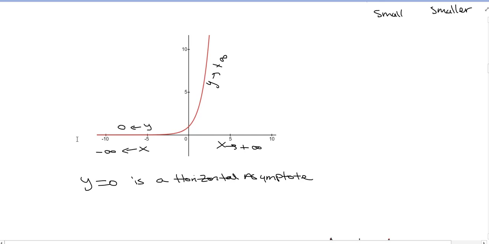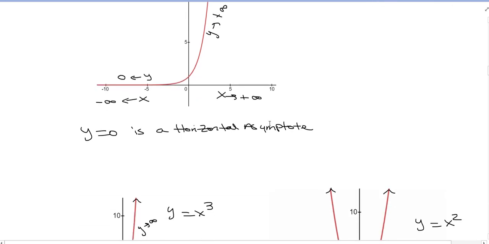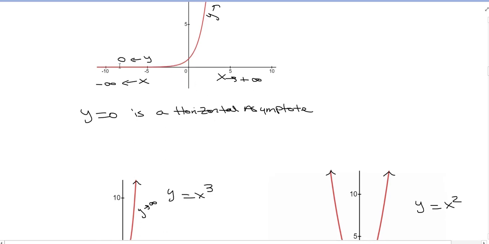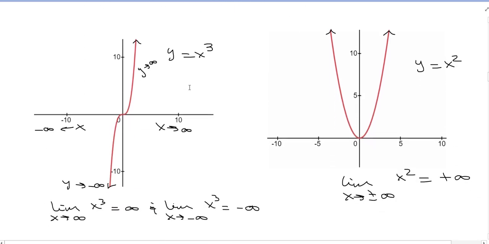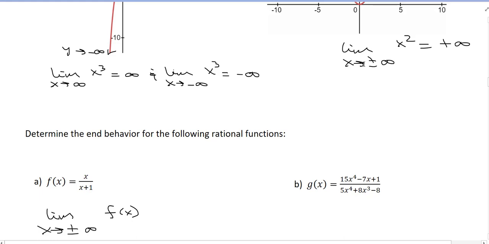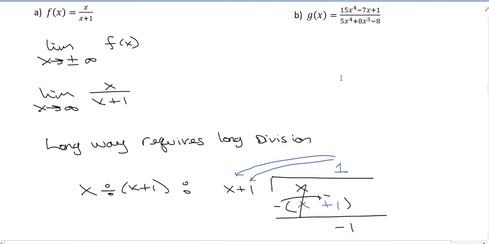It's still a horizontal asymptote, but I just say a full horizontal asymptote when both positive and negative infinity go to 0. I don't think that is an actual official math terminology. This is just Professor Owens' math terminology. Full asymptote and half asymptote. Don't really quote me on that, but when I say a full asymptote, that means that as x goes to plus or minus infinity, the limit is the same.